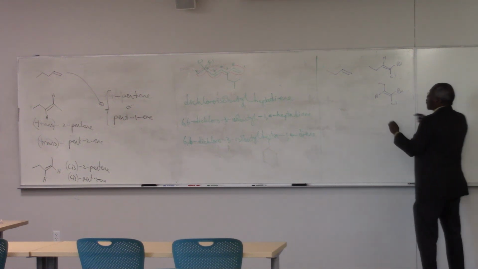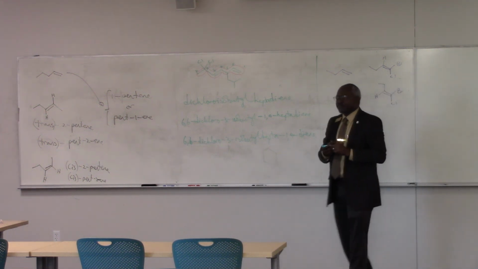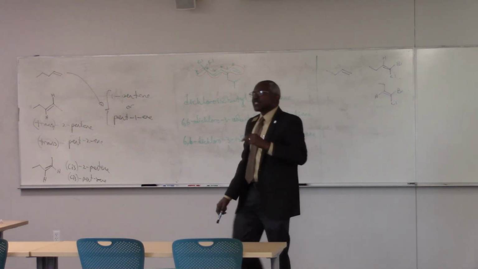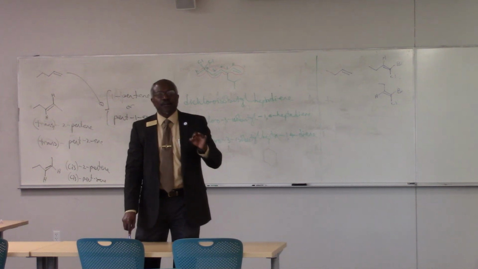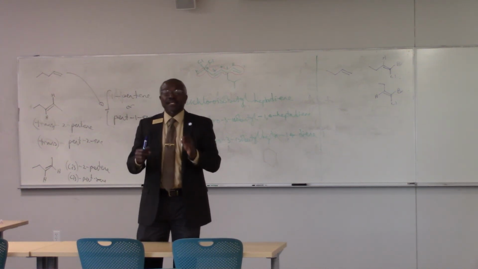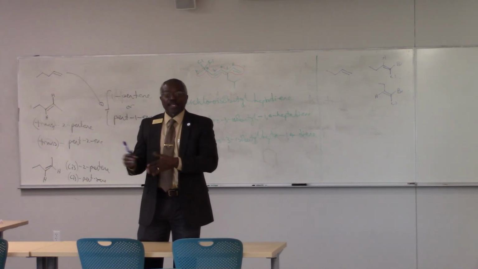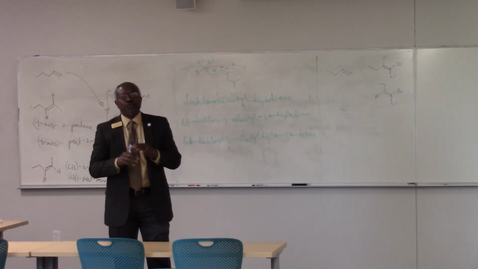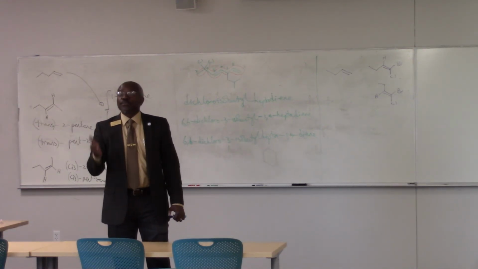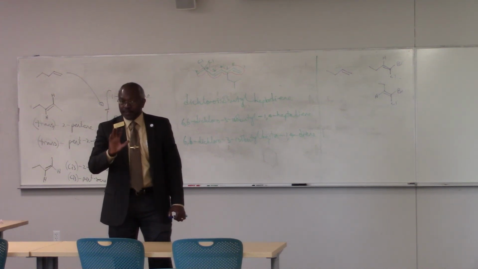Okay? So geometric isomerism is possible when neither vinylic carbon has the same two groups on it. If any one of the vinylic carbons has the same two groups, geometric isomerism is impossible. So that's the first point.